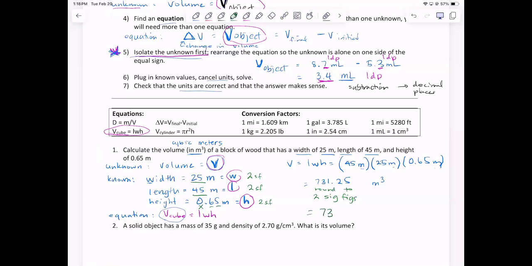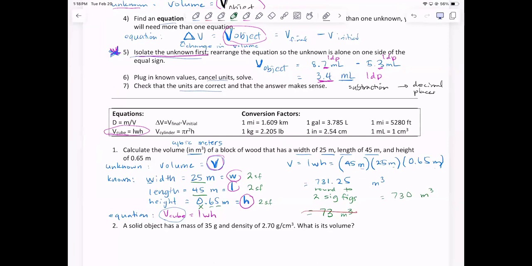And I don't want to cut this off and say 73 meters cubed. So don't think about doing that. Because if you had $731, what this is really closer to is $730. And that's why I'm going to write 730 meters cubed. And I use dollars because if you had $731 that suddenly became $73, you'd be pretty upset.